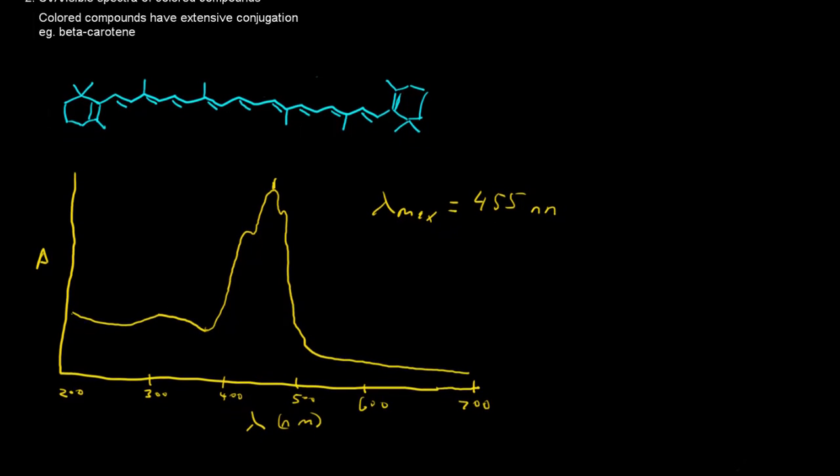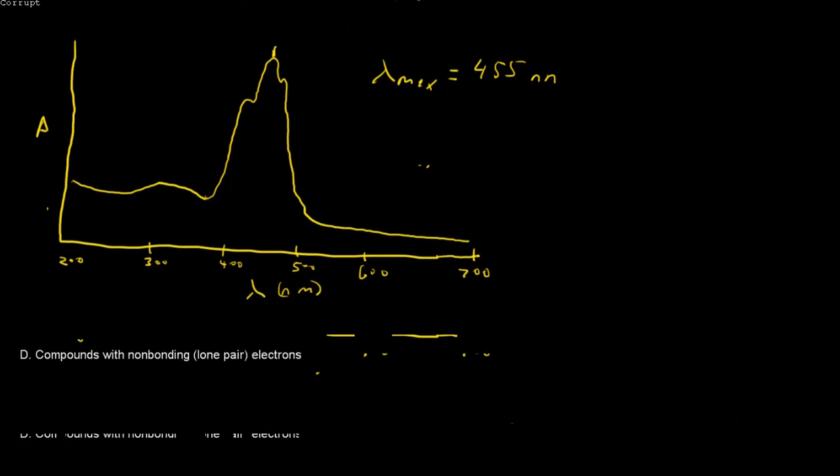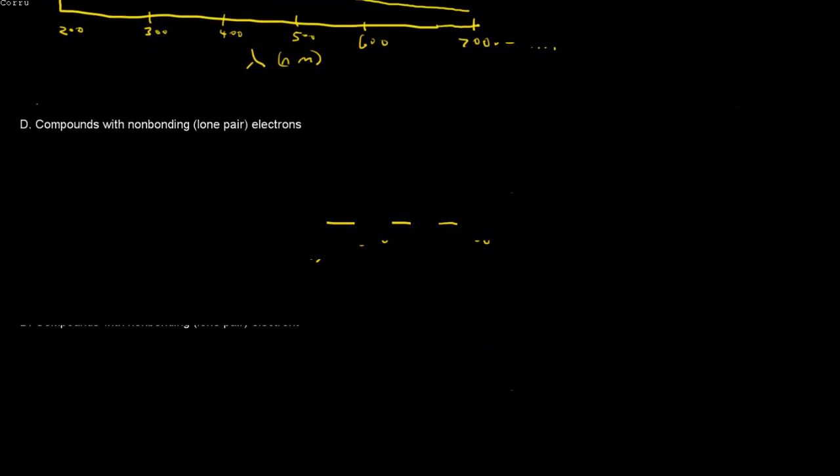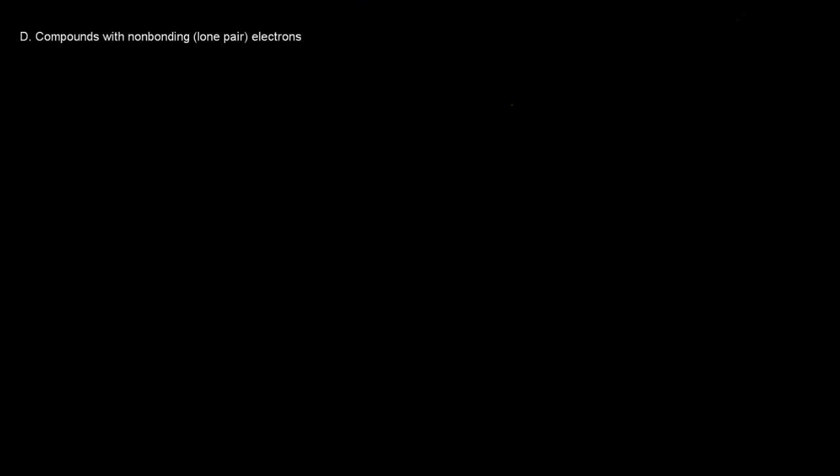those occur in compounds with non-bonding electrons, which again, I'll mention one more time, are, for our purposes here, lone pair electrons on certain heteroatoms. And there are two possible types of transitions that we can observe that involve non-bonding electrons.